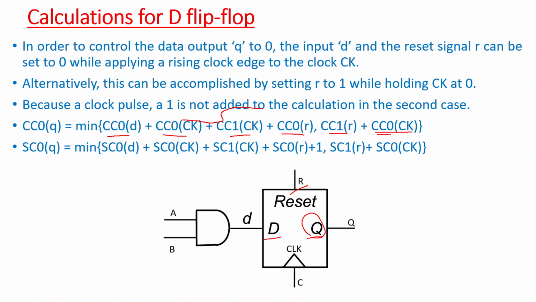That is why we only consider CC0 of clock, meaning the clock edge should not come.